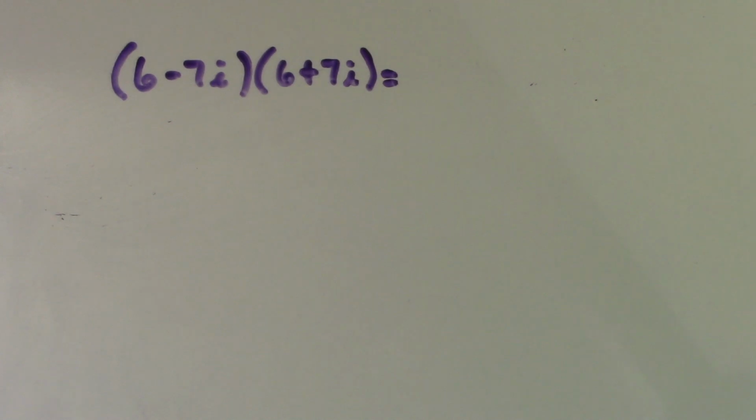Okay, in this example, I'm going to multiply 6 minus 7i times 6 plus 7i. So let's go ahead and multiply.